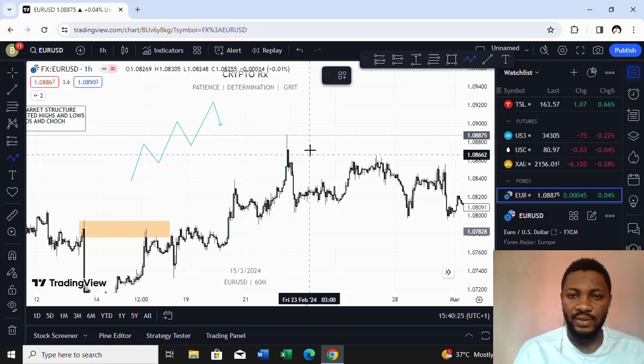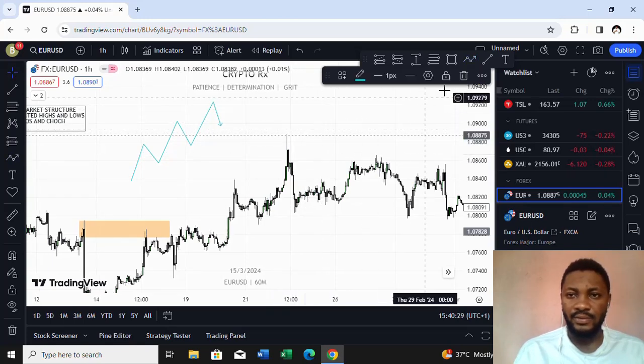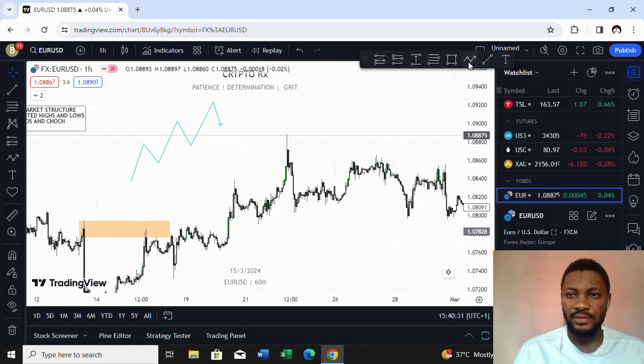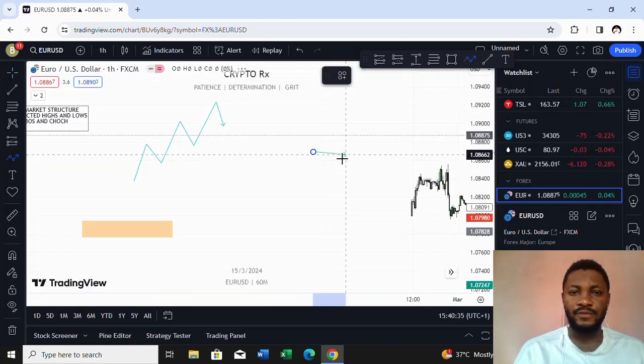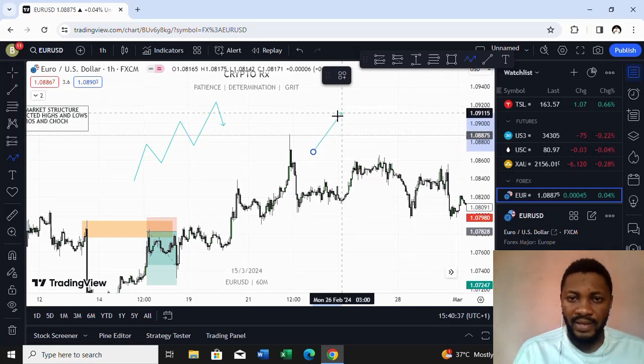So let's take a scenario whereby the market moves like this. The market moves this way. Let's take a scenario where the market moves this way. All right, cool. Market moves this way.